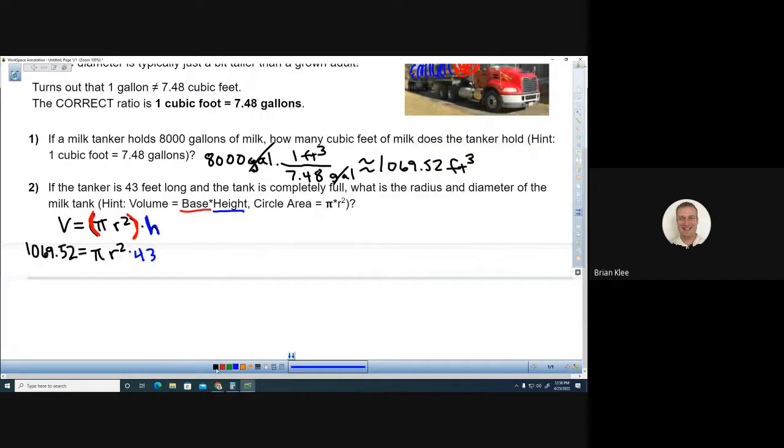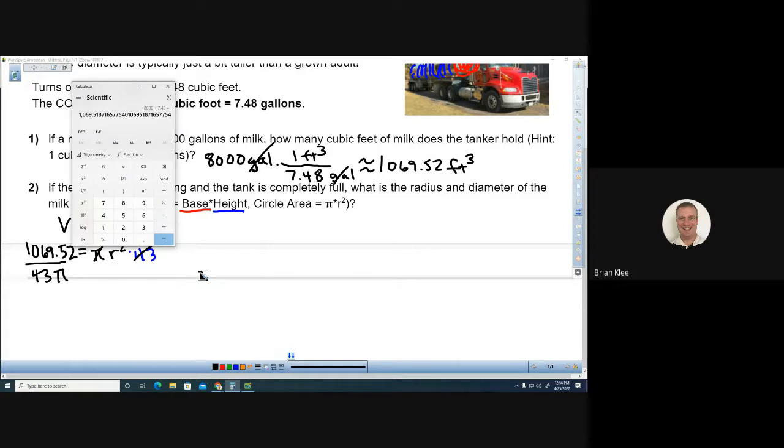So algebra skills, opposite of times 43 is divide 43. Opposite of times pi is divide by pi. So I've got 1069.52 sitting in my calculator. I'm going to hit divide by 43 and divide that yet by pi.